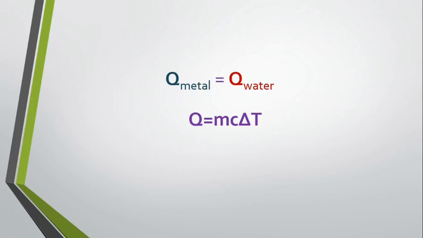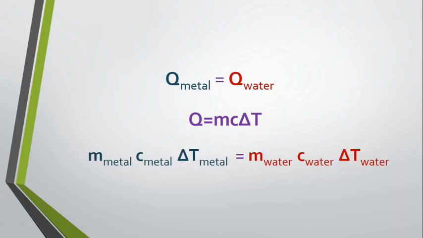So we're going to be using that Q equals mc delta T equation that we just heard about and putting it on both sides of this equation, which is going to make it a little bit bigger, but it's really just the same equation twice set equal to each other. So we have that mc delta T for the metal. It's going to be equal to mc delta T for the water.